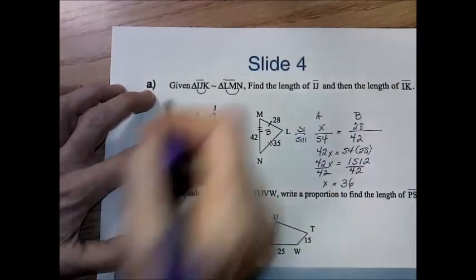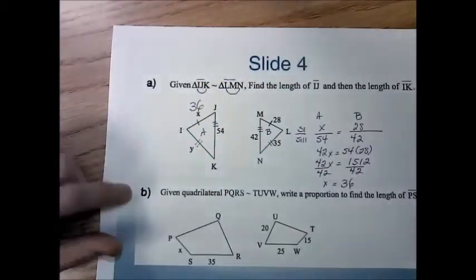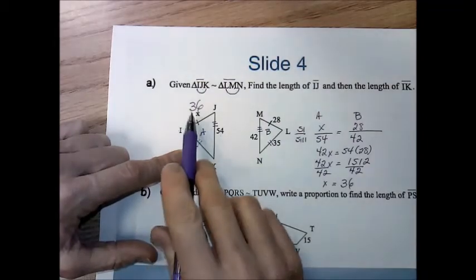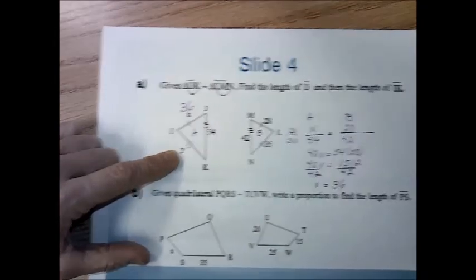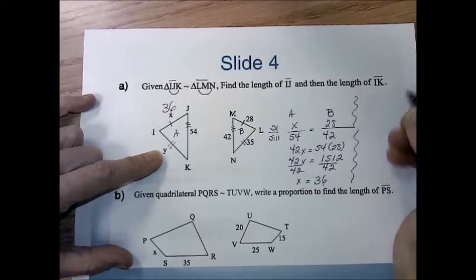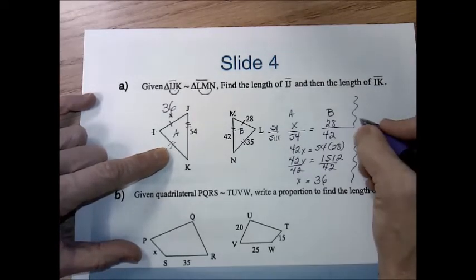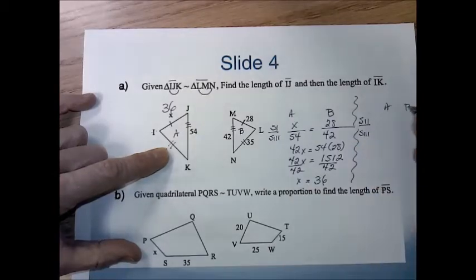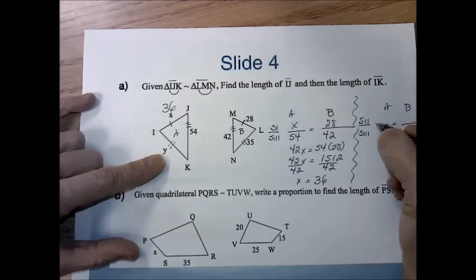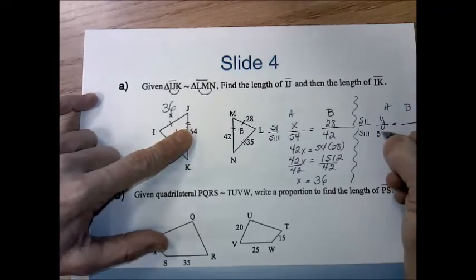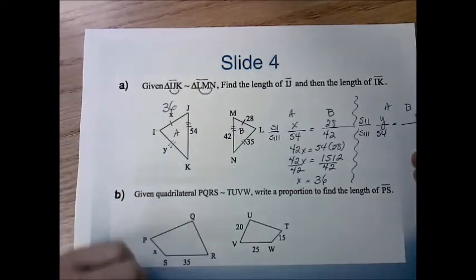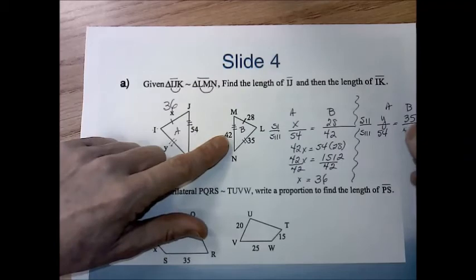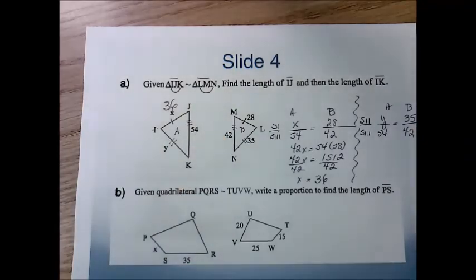So we know that x here is 36. To find y, we could use side 1 or side 2, but let's use side 3 again. So we need side 2 and side 3, in A and B. Side 2 in A is your y. Side 3 is 54. Side 2 in B is 35, and side 3 is 42.